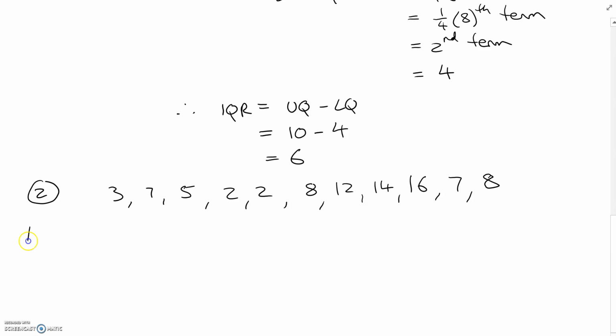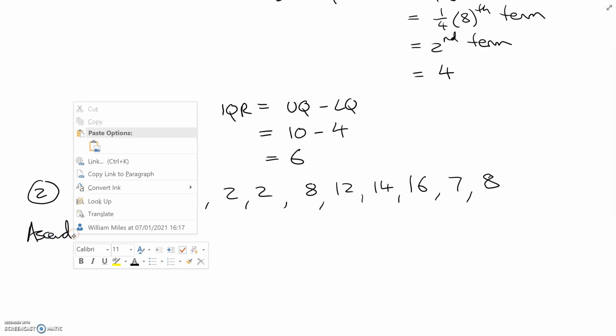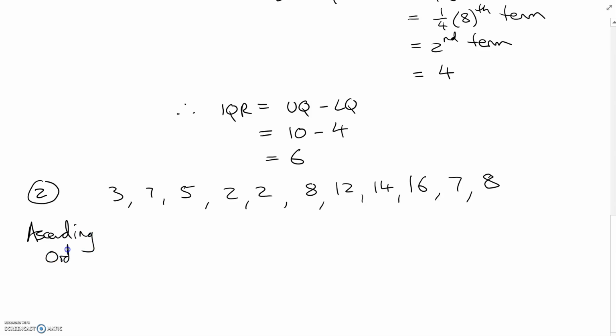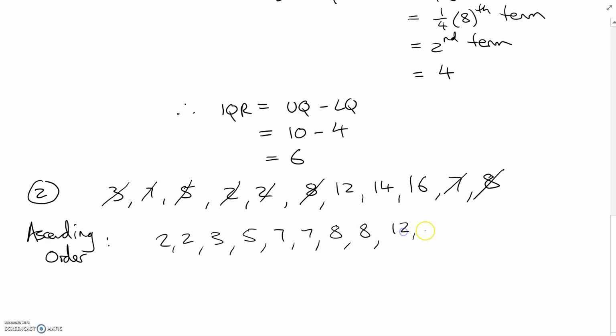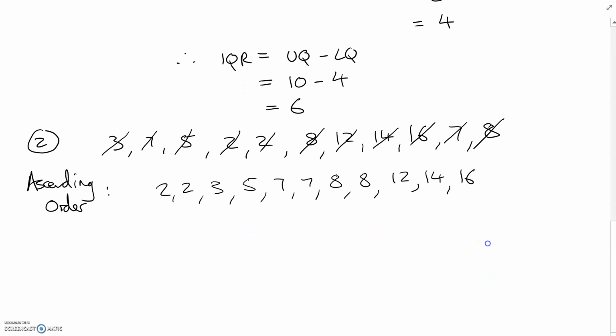So the first thing to do is to put this into ascending order. So we've got no 1s, so the 2s will come first. Then the 3. No 4s. 5, no 6s, 2 7s, 2 8s, and then 12, 14, 16. 1, 2, 3, 4, 5, 6, 7, 8, 9, 10, 11 numbers in order.